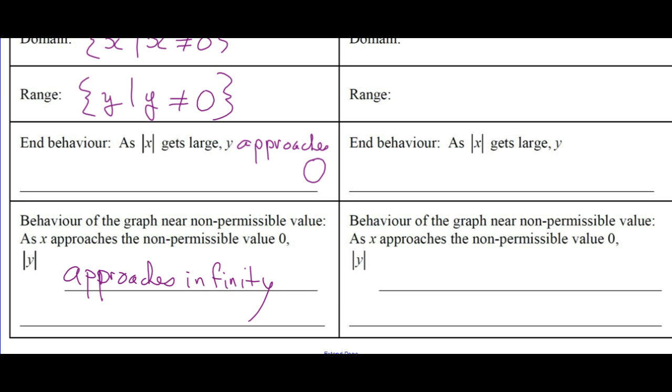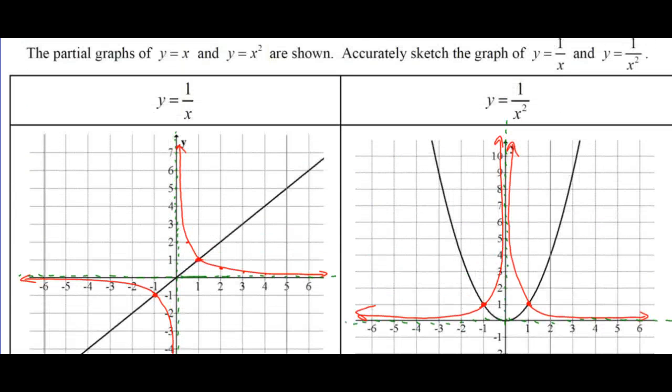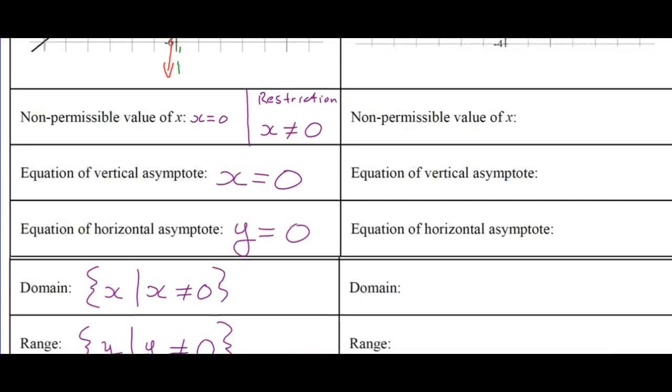Okay, so now you try that for the right-hand side. Do everything in pencil just in case, right? There's a lot of similarities. There's a couple of differences, right? So, non-permissible value of x.